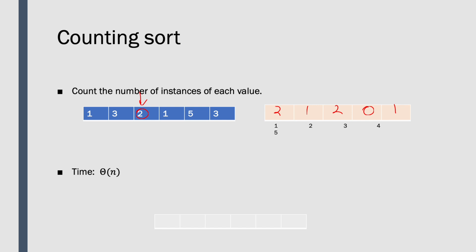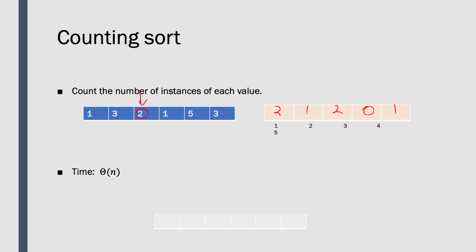Now let's see here. First step, the input list, we have 1 3 2 1 5 3. Now count the number of instances of each value. The goal is to determine how many times each number appears in the input list.